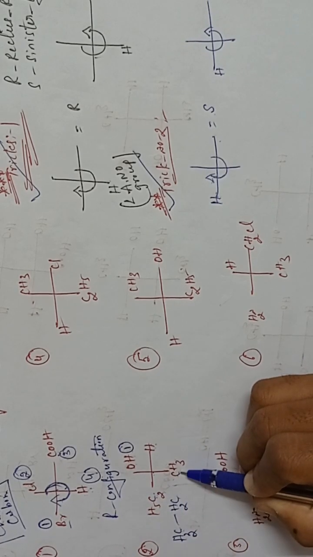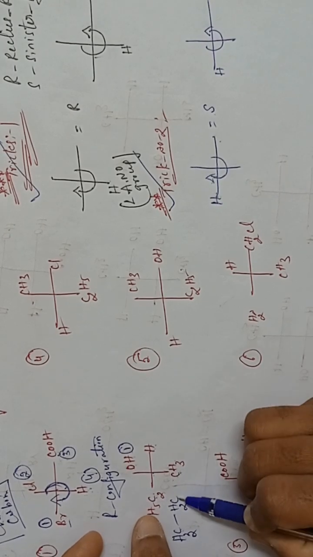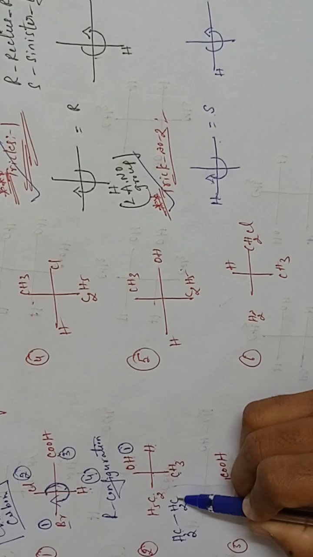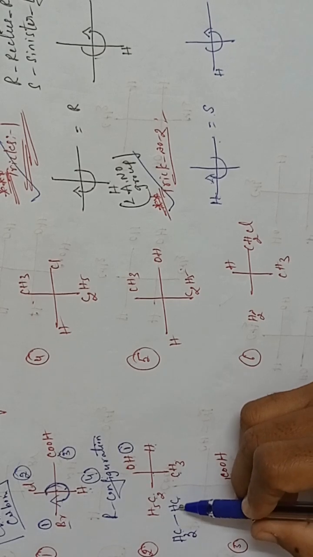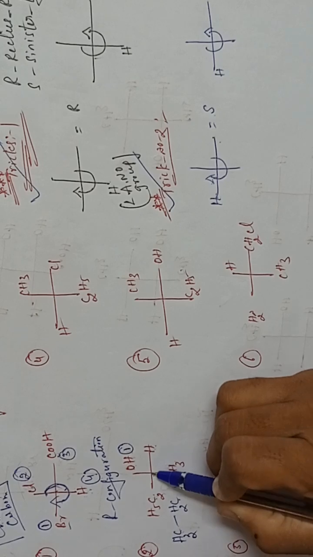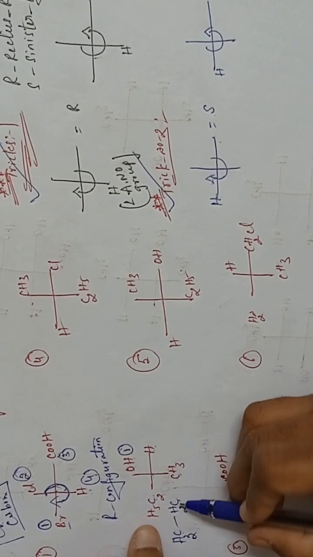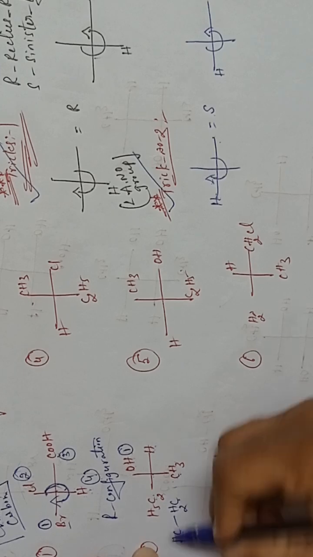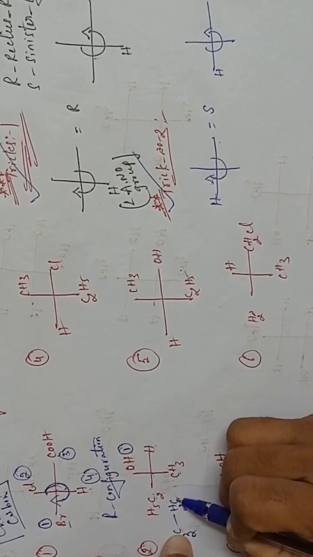Then how do we give the priority by atomic number? See here, around this carbon, how many atoms are there, students? 3 atoms should be attached. Already 1 bond is with carbon. The remaining 3 atoms are 2 hydrogens attached to this carbon, and 1 carbon atom attached to this carbon.